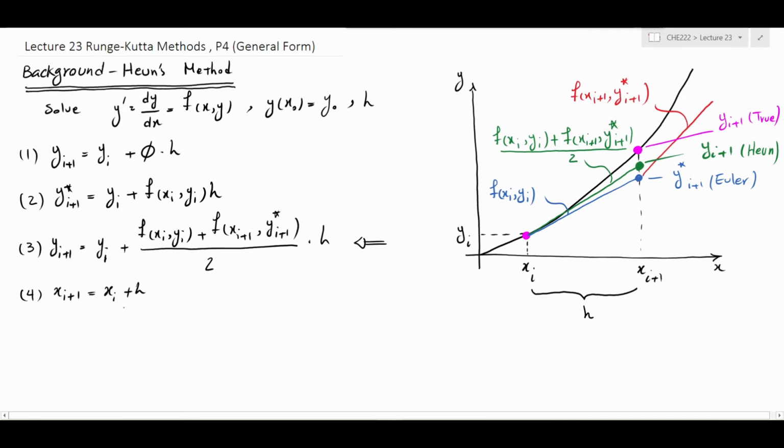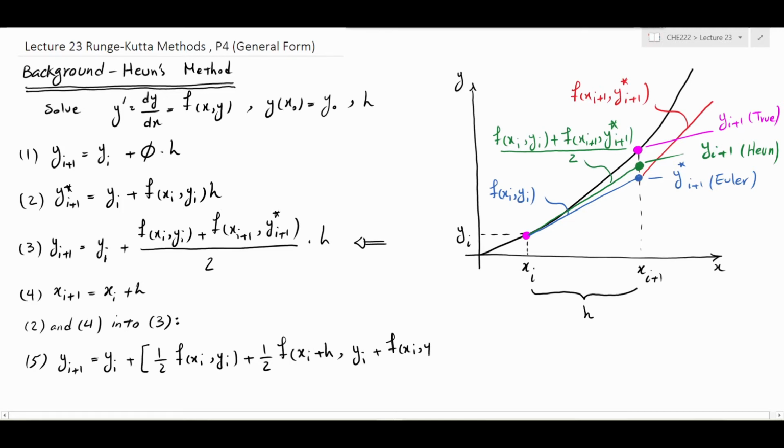And then if I substitute equation 2 and 4 into equation 3, I will get a more general form of Heun's formula. If you notice, I replace yi plus 1 asterisk with its value from equation 2.